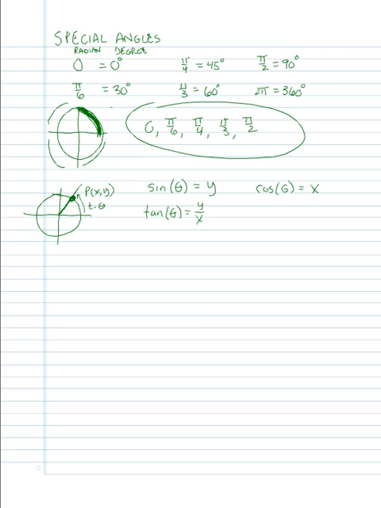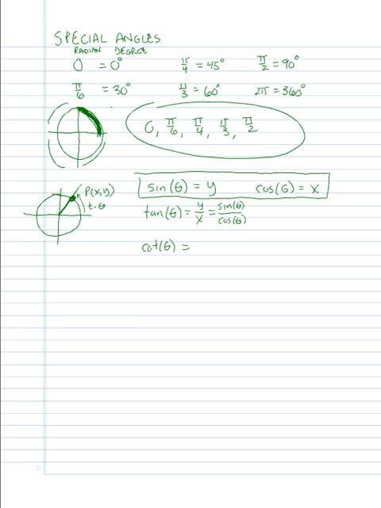Now, we can go back and look, but remember that that's the same thing as the sine of theta, the second coordinate, divided by the cosine of theta. So what I'm getting at here is once we know these two, we can use those to calculate the tangent of theta. Now, what about the cotangent of theta?